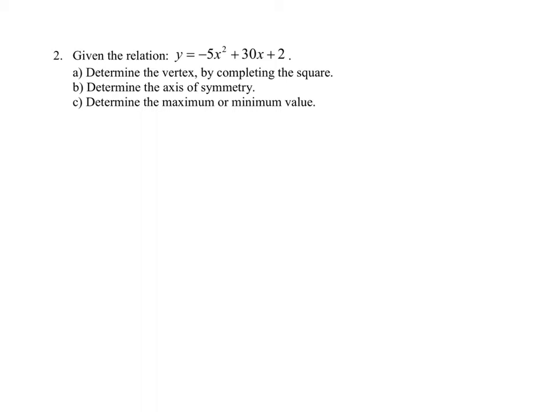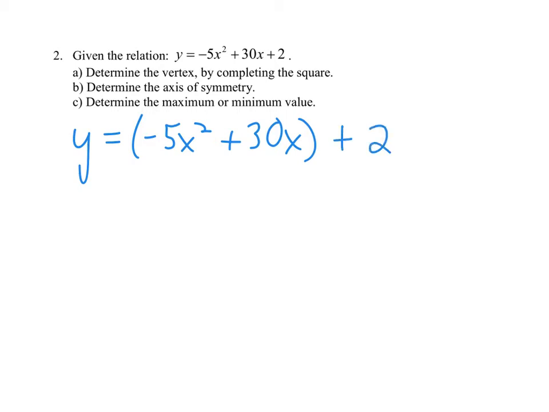So we begin by taking the equation and we're going to bracket the first two terms. Then we're going to take the a value, which is -5, and make that a common factor and divide it out of the brackets.